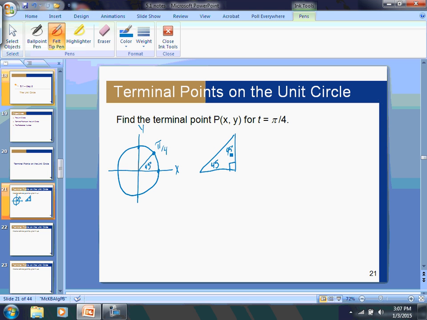Okay, since these two angles are the same, that means these two sides have to be the same, and they were 1 unit long each. And then the hypotenuse, if you do Pythagorean theorem, you have 1 squared plus 1 squared equals something squared, and 1 squared plus 1 squared is 2, and then the square root of that would be the square root of 2. So that's how we came up with those side measurements for that reference triangle.